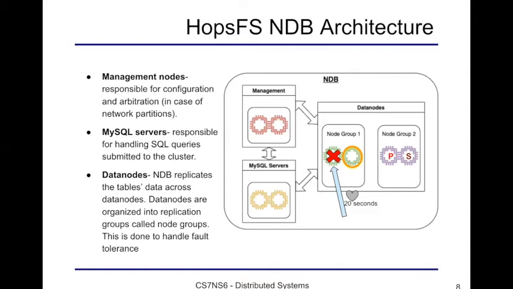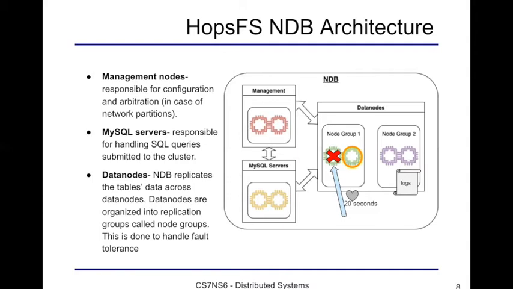For durability, the NDB data nodes record the in-memory data changes to redo and undo transaction logs on disk. The NDB data nodes asynchronously create checkpoints for the in-memory data to disk, and then they delete or truncate the logs to lower the size of the log files and shorten the data node recovery time.